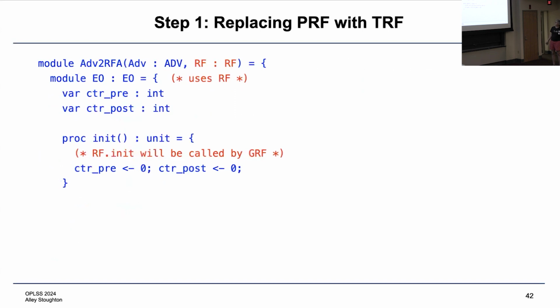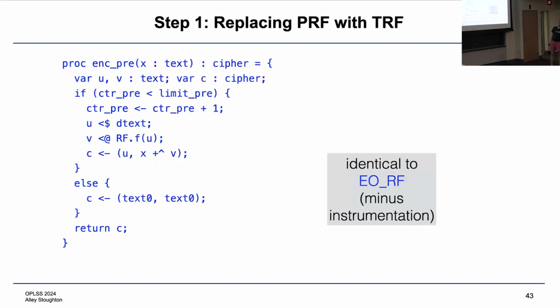So this is how it goes. This is AVtoRFA. It takes in a symmetric encryption adversary and a random function, and it doesn't initialize the random function. We're going to be able to take out all the instrumentation here because it's not relevant and it's distracting. But then this is all just like what we had before, minus the instrumentation.